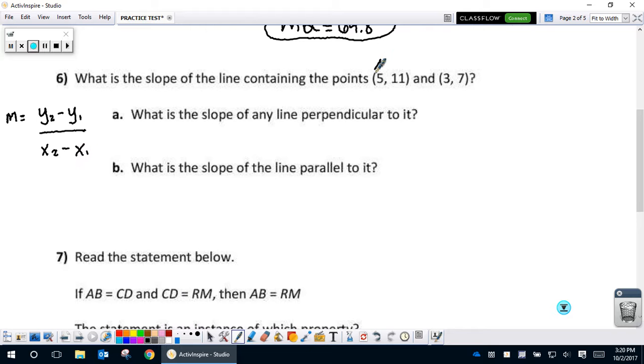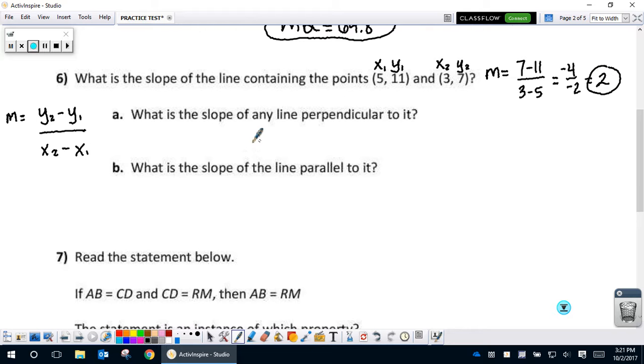Whatever you choose, I would choose x1, y1 as (5, 11) and x2, y2 as (3, 7). So then you're going to do 7 minus 11 over 3 minus 5. This becomes -4 over -2. So our given slope is 2.